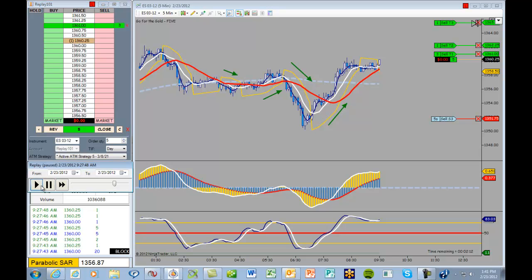And away we go. Got awful close to our first target, but no such luck.